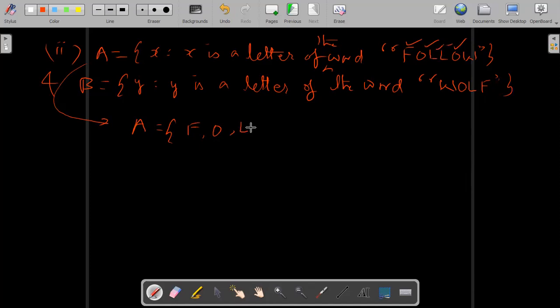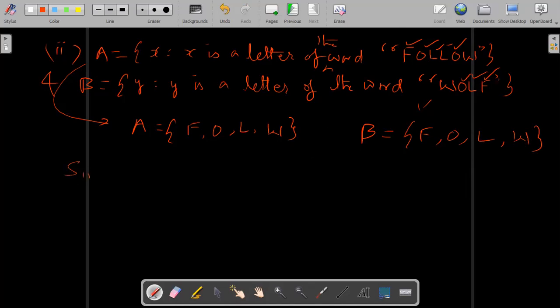Then L two times, we'll write one time, and W. So A will have the elements F, O, L, W. And similarly, set B will also have F, L is also there, then O is also there, yes. Then W is also there. So they have the same elements. Therefore, they are equal sets because of exactly the same elements.